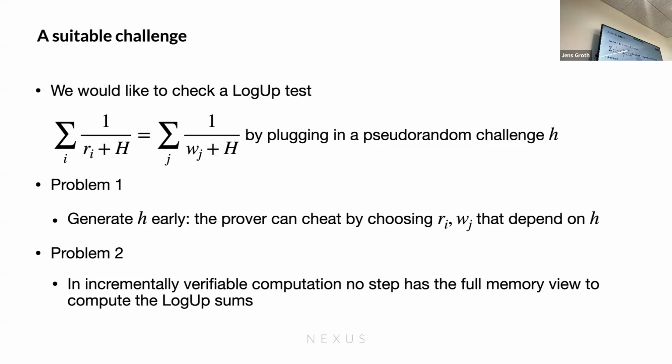So there's a question, when do we decide on this challenge H? It has to be present in the first chunk because otherwise we can't use it to plug in and prove things. But if it's available in the first chunk, then we know it when we go to the second step, and then it's not much of a Fiat-Shamir challenge anymore. Now we can cheat.